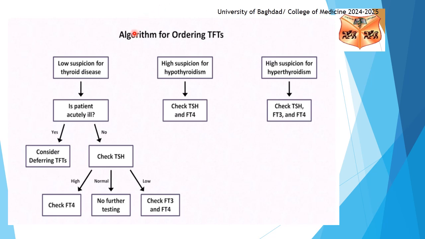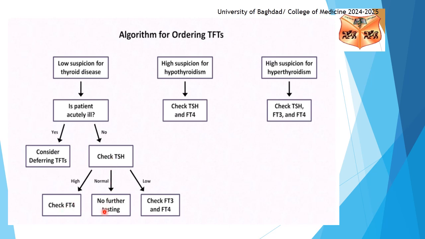بالنسبة للوغاريتم of ordering thyroid function test، من يكون له suspicion for the thyroid disease: is the patient acutely ill? نعم، إذن considered for deferring the thyroid function test. إذا no، check TSH. إذا كان high إذن check for free T4.